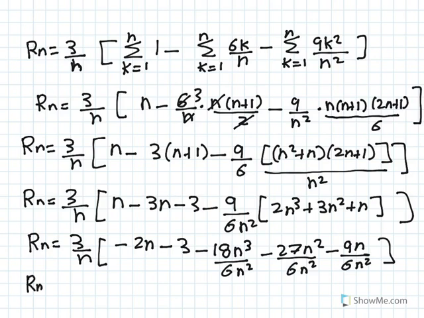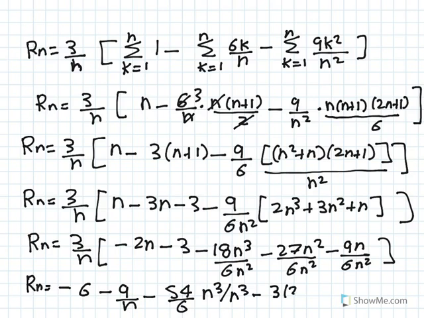So we get Rn is equal to minus 6 minus 9 over n, minus 54 over 6, n cubed divided by n cubed, minus 3 times 27n squared over 6n cubed, minus 27n over 6n squared.